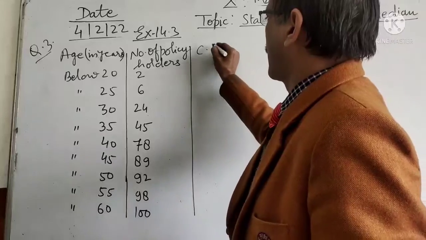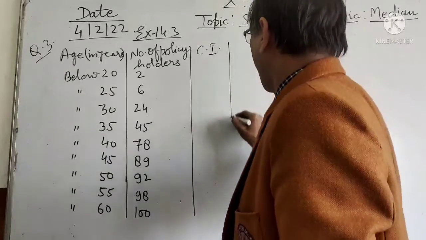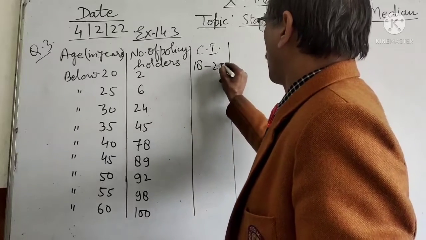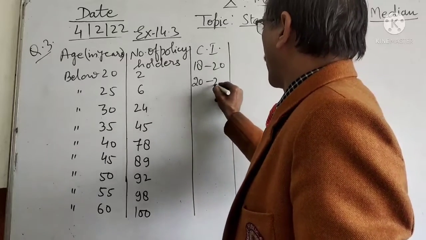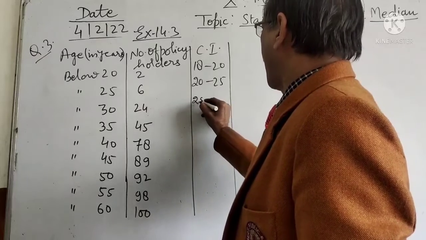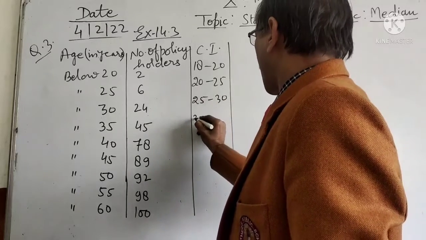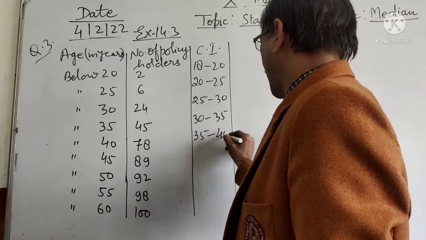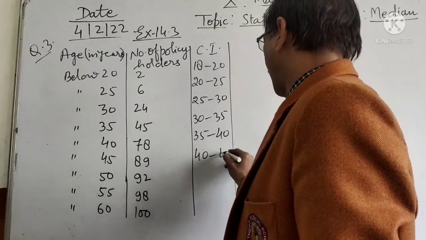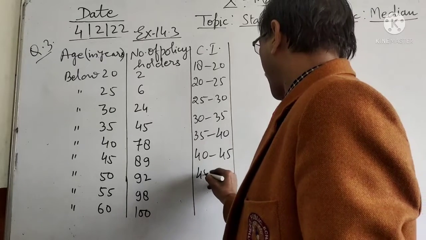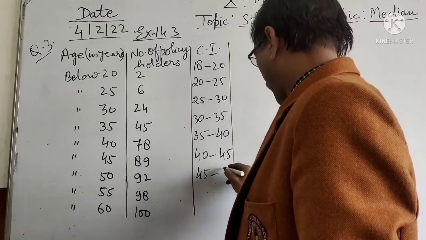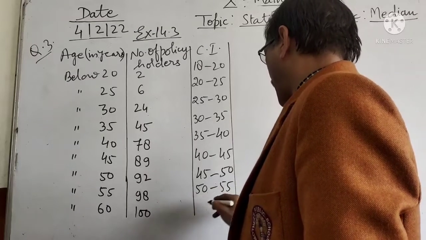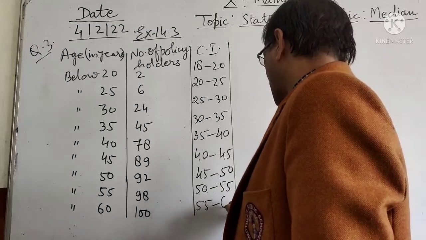Now we will find the class intervals. They are 18 to 20, 20 to 25, 25 to 30, 30 to 35, 35 to 40, 40 to 45, 45 to 50, 50 to 55 and 55 to 60.